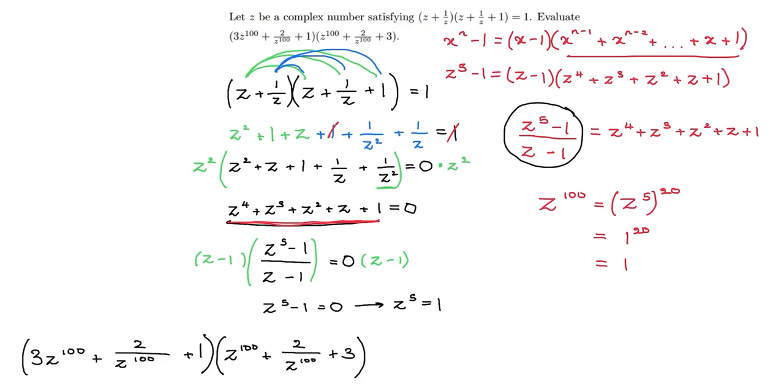And we know that z to the power of 100 is 1, so let's substitute 1 in for every z to the power of 100. In the first group of parentheses, we have 3 times 1, which is just 3, plus 2 over 1, which is 2, plus 1, times 1 plus 2 over 1, which is 2, plus 3. And this simplifies to 6 times 6, and our final answer is 36.